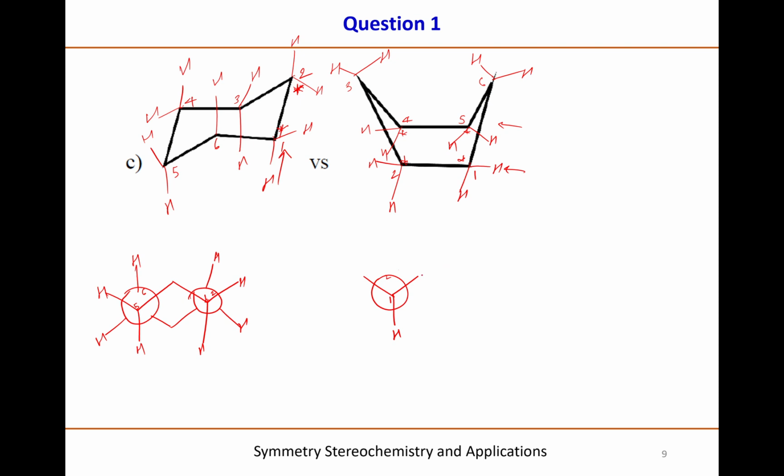Then, because they are eclipsing each other, I am imagining from the same side. Five and the backside is 6, 1.